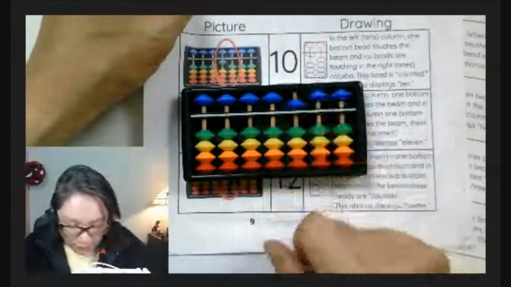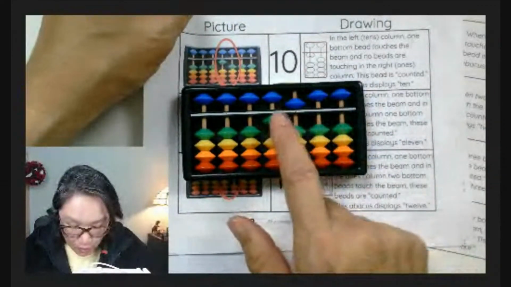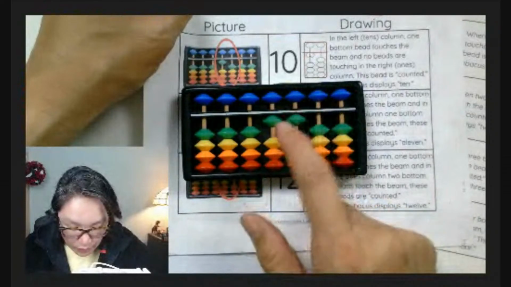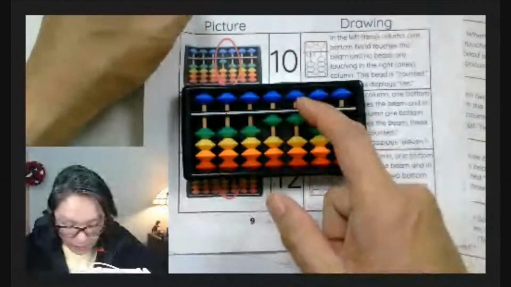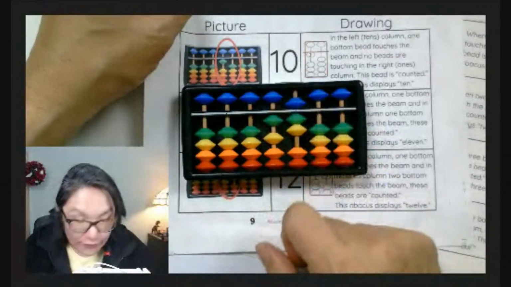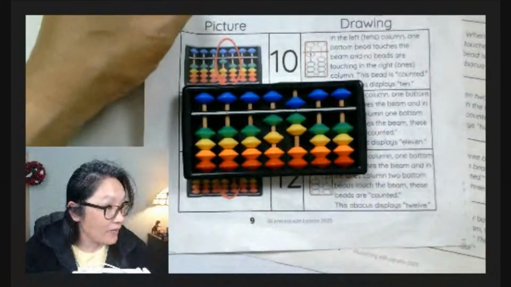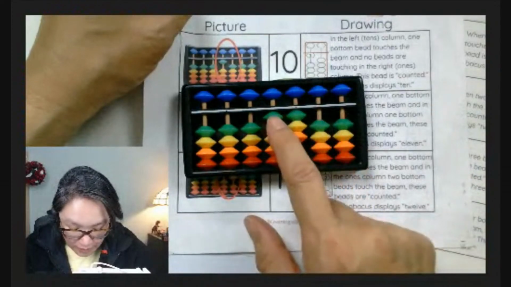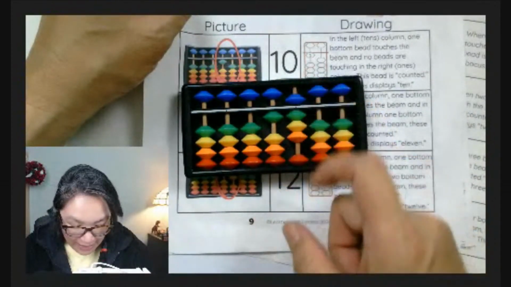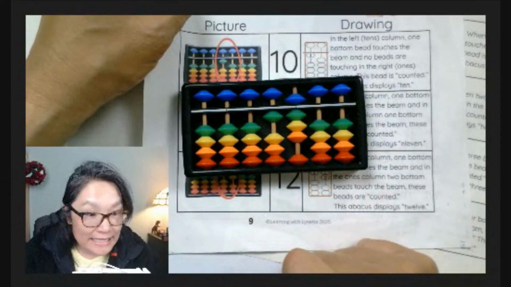Remember we had 15, 1 and 5. So when we did 11 and add the 5, now we have 16. If I had 12 and add the 5, now we have 17. If I have 13 and I add the 5, now I have 18.